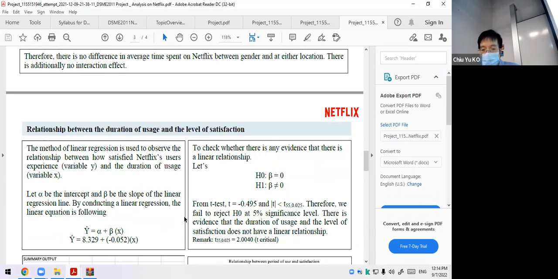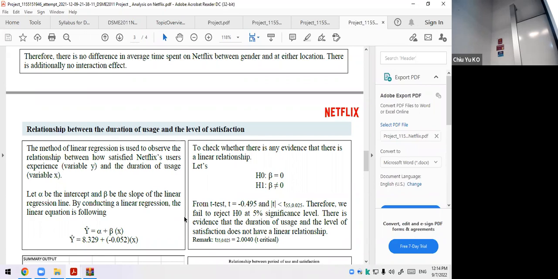They try to look at whether watching more Netflix gets you more happy or not, right? Because you watch Netflix, maybe it makes you happier. Or because you're happier, you watch more.